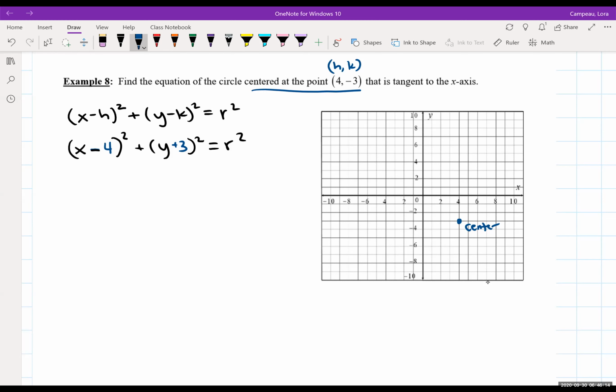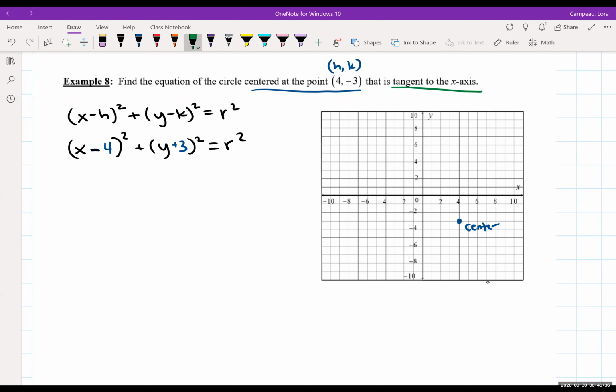Now it'd be great if they actually told us what the radius was, but we don't quite know, so we have quite a bit of options. But the other piece of information that I'm perhaps more excited about is that they're telling us that it is tangent to the x-axis. So the circle is tangent to the x-axis.